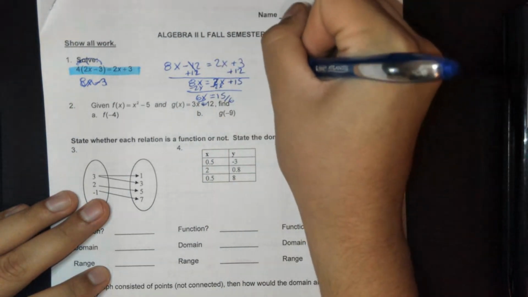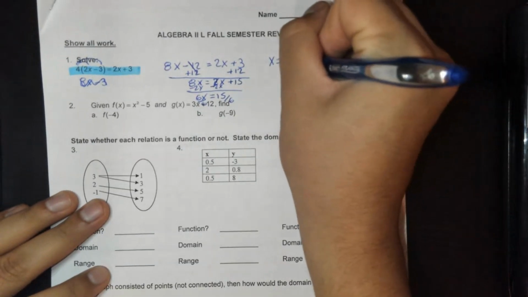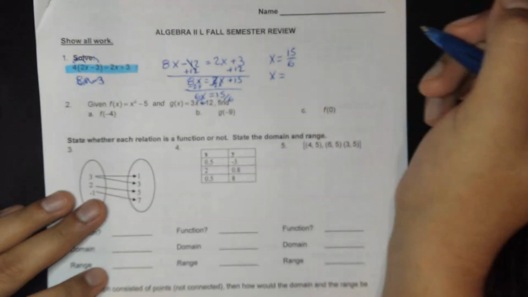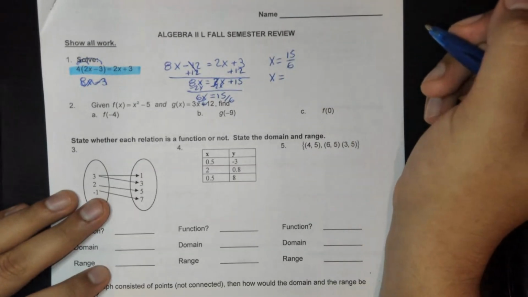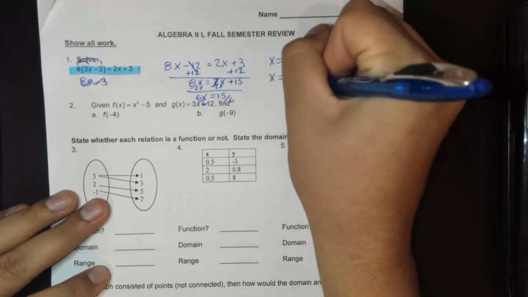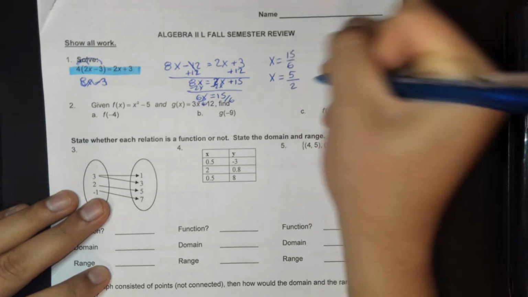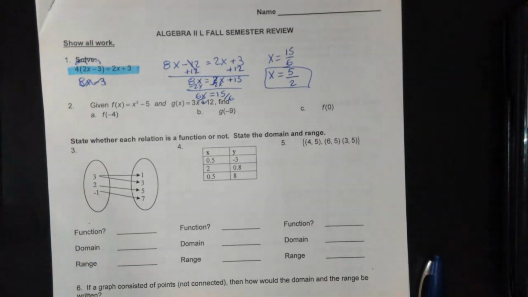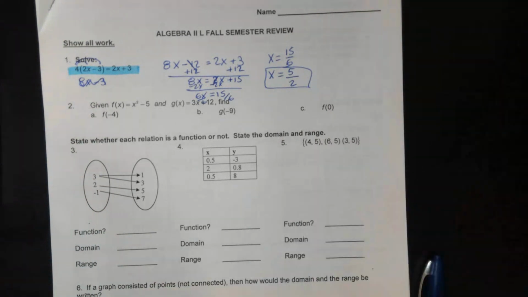So we end up with x equals 15 over 6, which reduces. 15 and 6 can both reduce by a factor of 3, so that's going to give us 5 over 2. Alright, so now let's go to the next one.